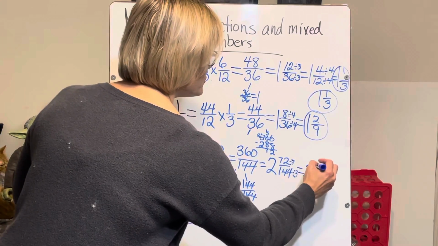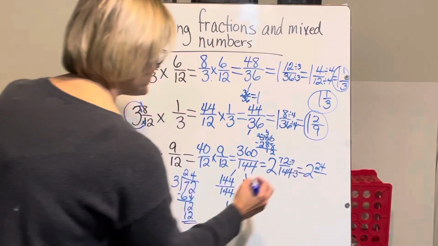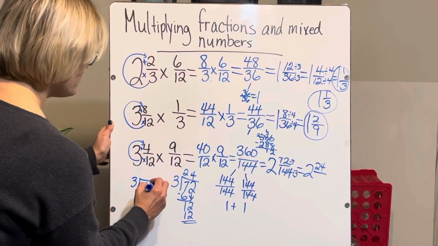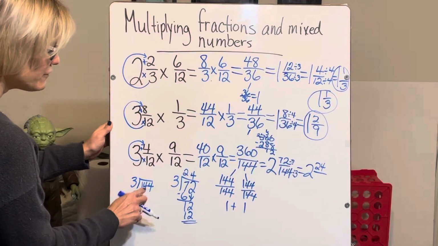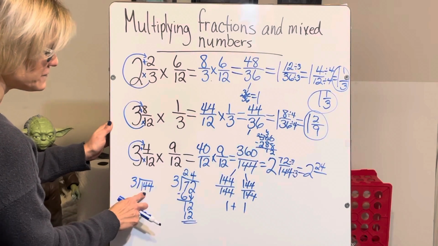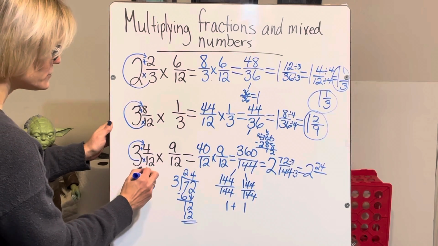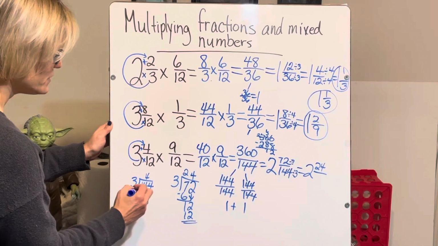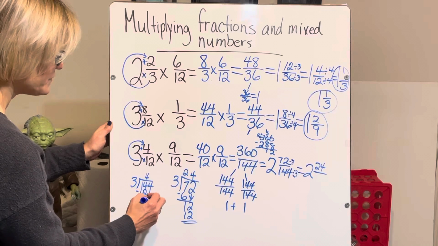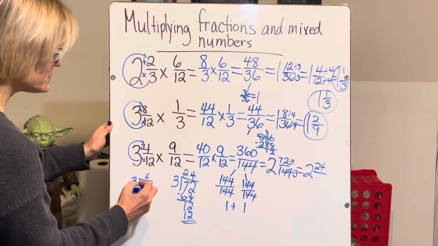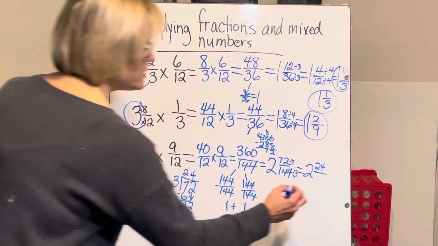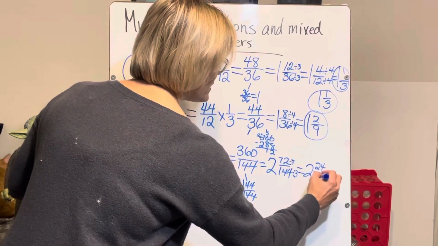So I've got 24 over, and now I've got to figure out 144 divided by 3. 5 goes too far. 5 times 3 is 15. So I have to go to 4, which 4 times 3 is 12. 2, bring down my 4. And then something times 3, that's 8, is 24. All right, so I've got 48.